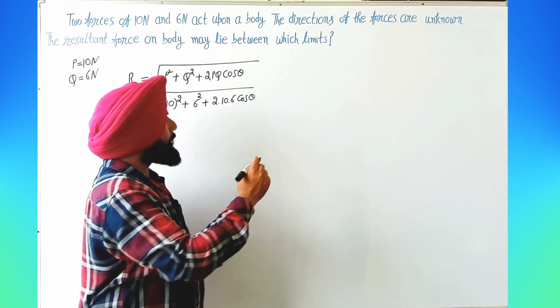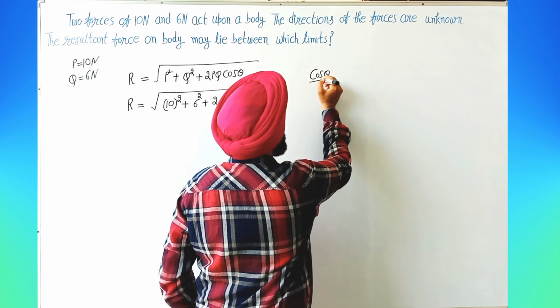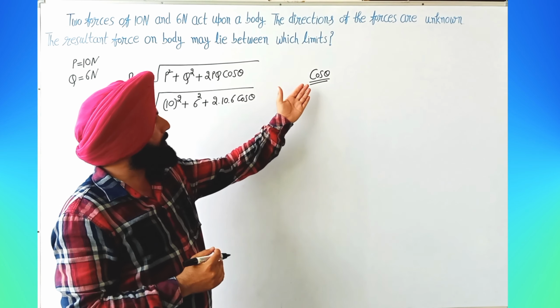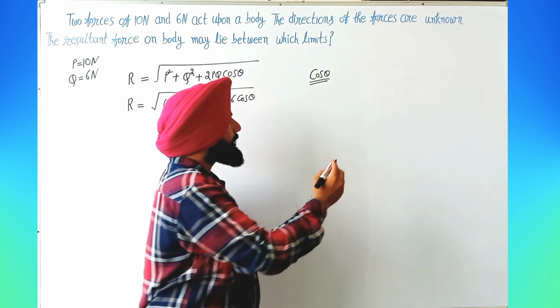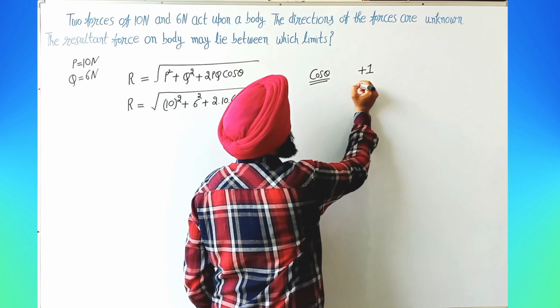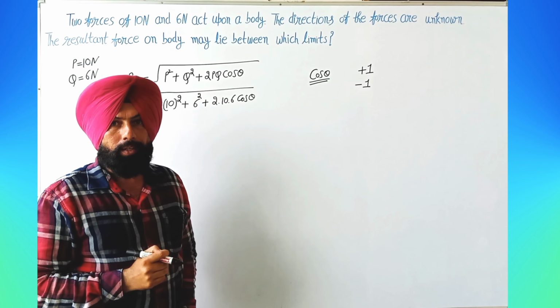Now we have two cases. Cos theta will be maximum. What is the maximum value of cos theta? That is plus 1 and minimum minus 1.